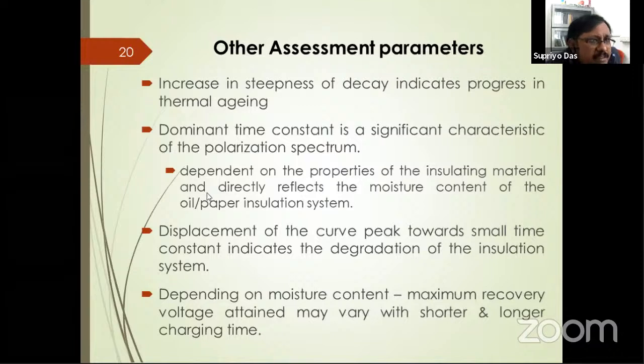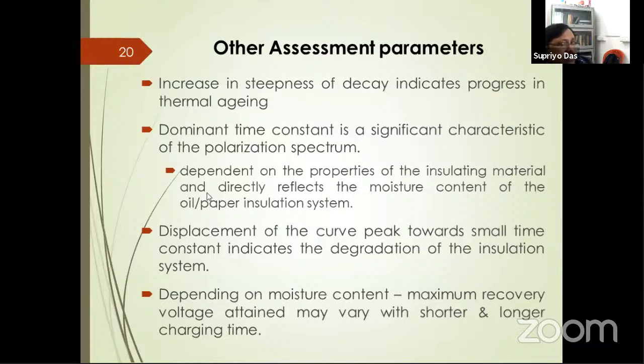There are some other assessment parameters through which we can assess power cables. An increase in stiffness of the decay also indicates some progress in thermal aging. Dominant time constant, as I said, is a significant characteristic of the polarization spectrum.